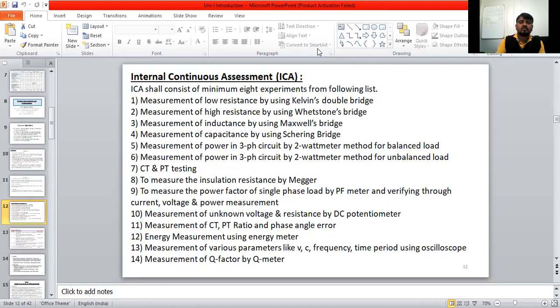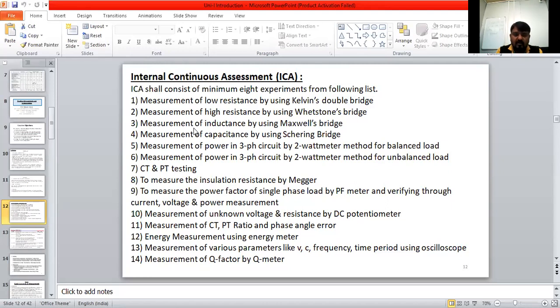Next, experiment number 5: measurement of power in a 3-phase circuit, using only the 2 wattmeter method.